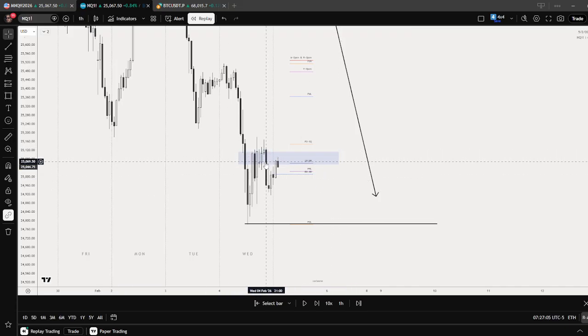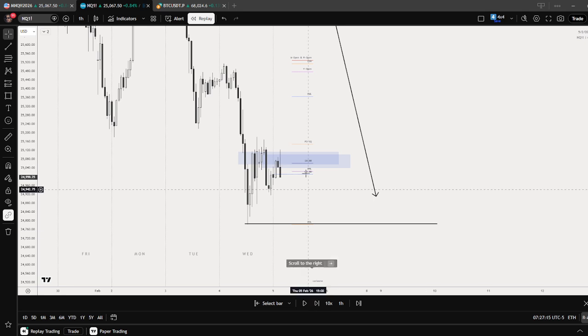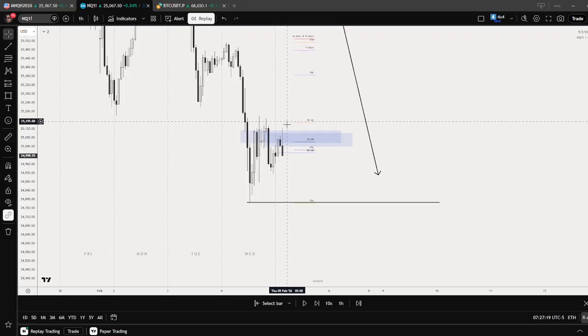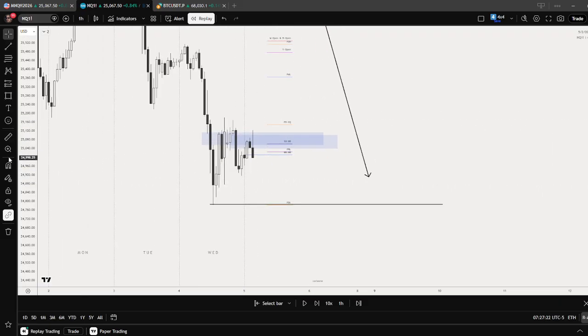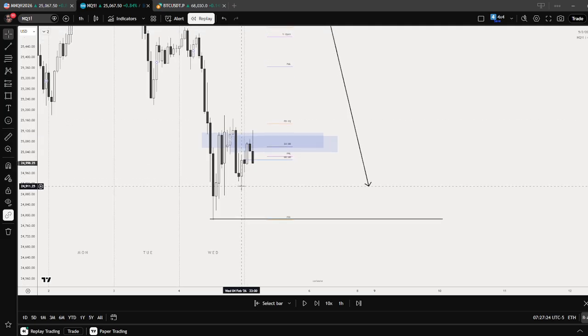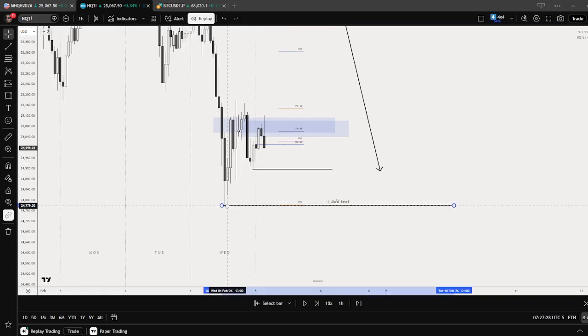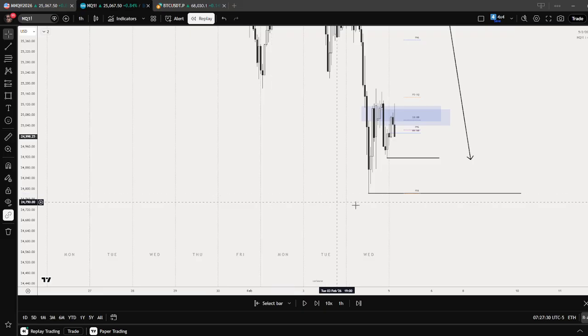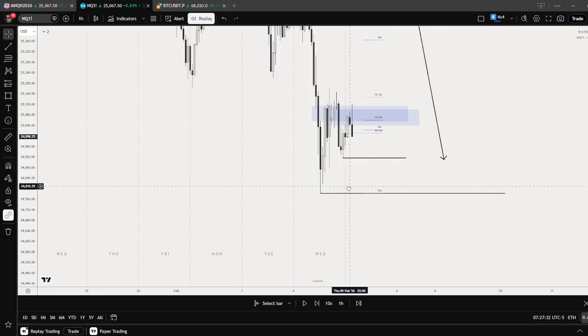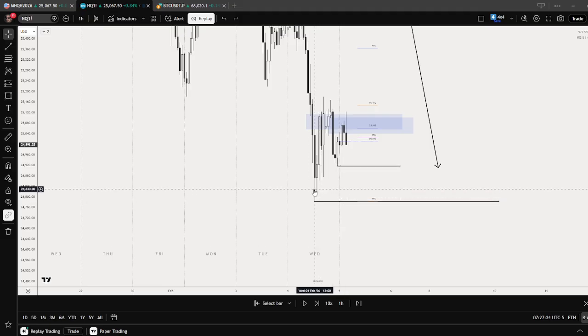We created that fair value gap in a range of this old fair value gap. Now we have the swing points on the Asia and the London, and the draw on liquidity is Asia low, PM low, previous day low, as you can see, because a new day opened, so this is now previous day low.